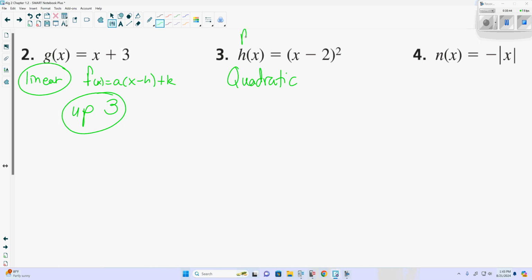Well, because the general form is a times x minus h squared, so we have left or right, yes? Because h is what this is corresponding to. So that would be a movement of 2, yes? So now we're moving left or right.